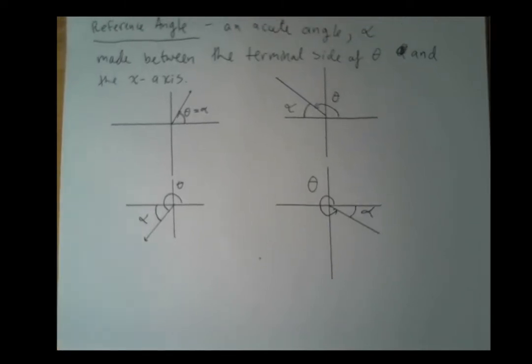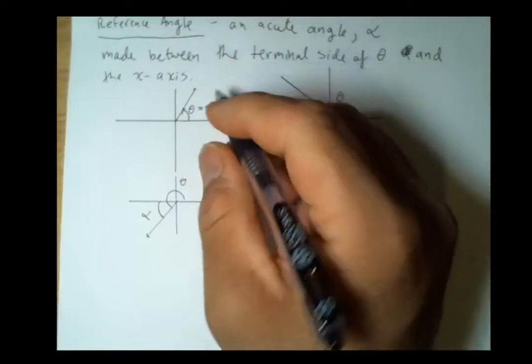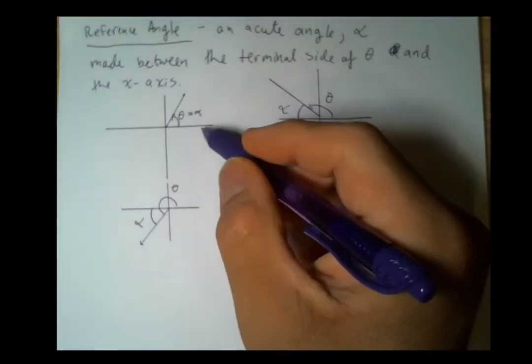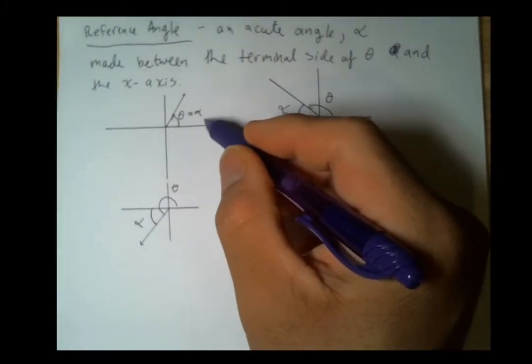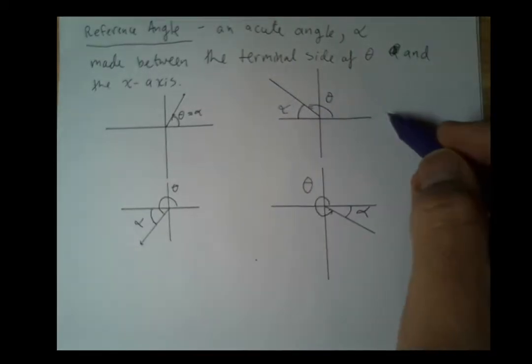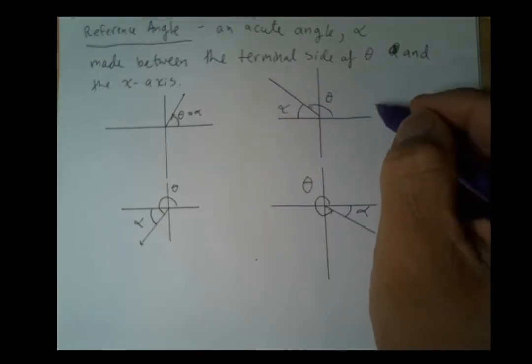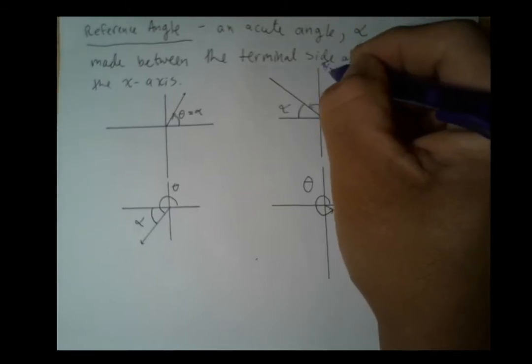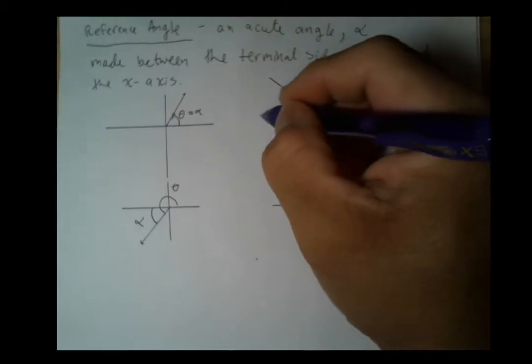Okay, so those are the different possibilities for the reference angle. If you notice, quadrant one is pretty straightforward, the easiest: theta equals alpha. When we're in these other quadrants, remember, we always use this coordinate system almost like a compass.